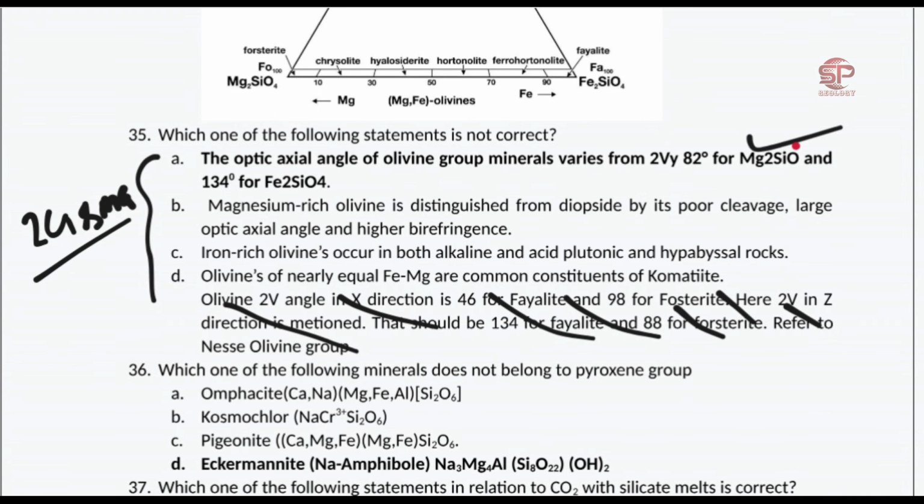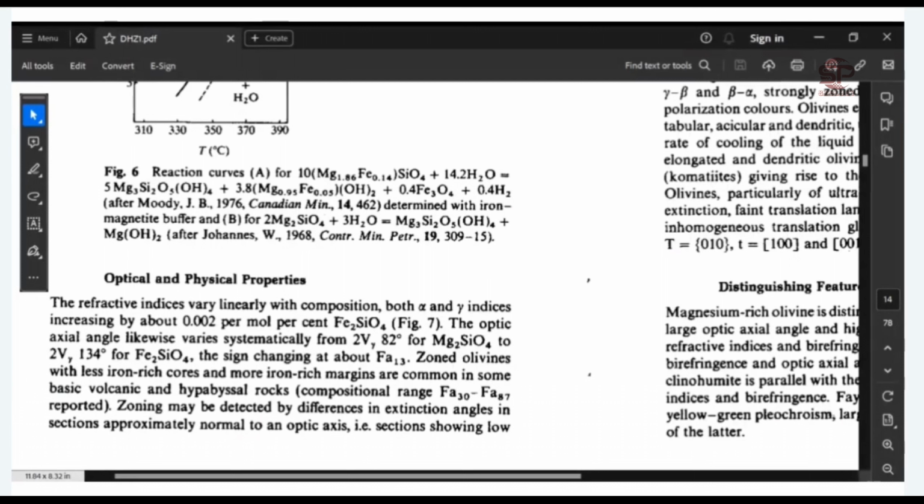It is directly from that book. See, this is the book, where it is written: the optic axial angle varies systematically from 2V gamma 82 degrees for Mg2SiO4 to 2V gamma 134 degrees for Fe2SiO4, which is correct.